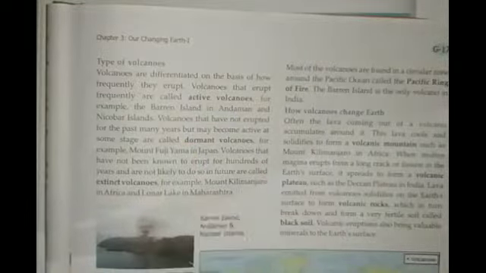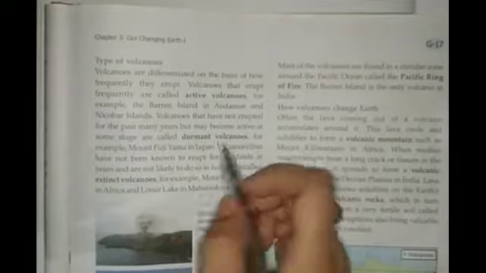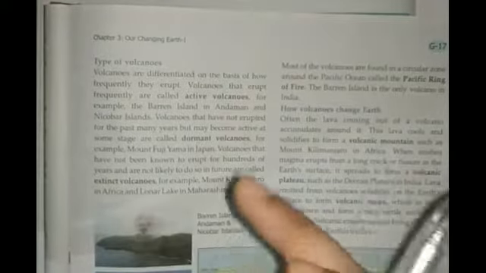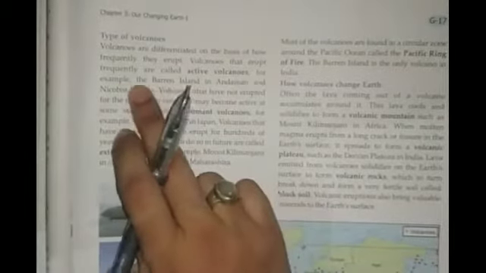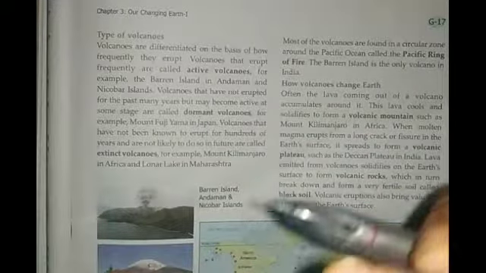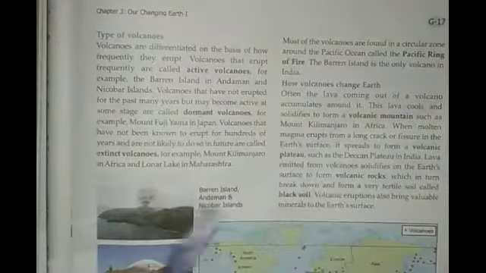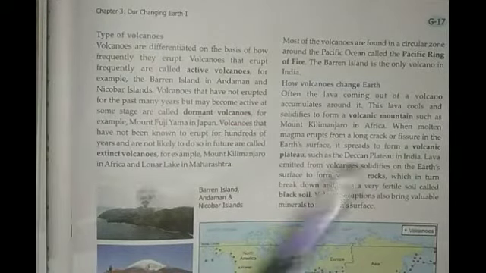Okay, besides this there are some types of volcano. There are three types of volcanoes: active volcano, dormant volcano and extinct volcanoes. Volcanoes that erupt frequently are called active volcanoes. That is, if we see frequent volcanic eruptions in some places, then it is known as an active volcano.